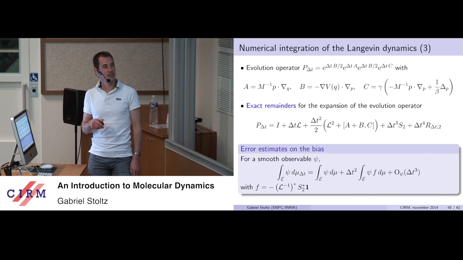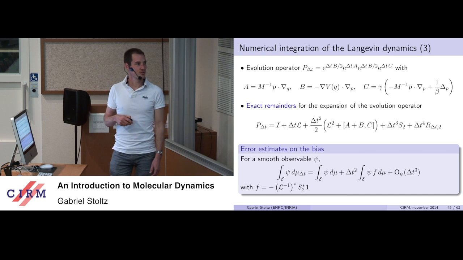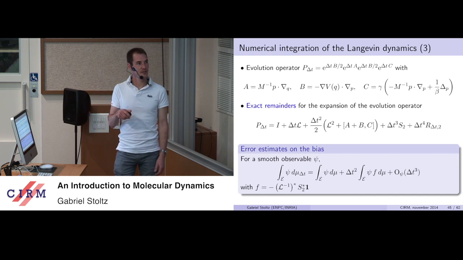The power depends on how you've integrated your dynamics, and there are remainder terms, which also depend on the way you've integrated your dynamics. You can also make precise what this leading order correction is, in terms of a solution of some Poisson equation of the form L star of f is equal to something.